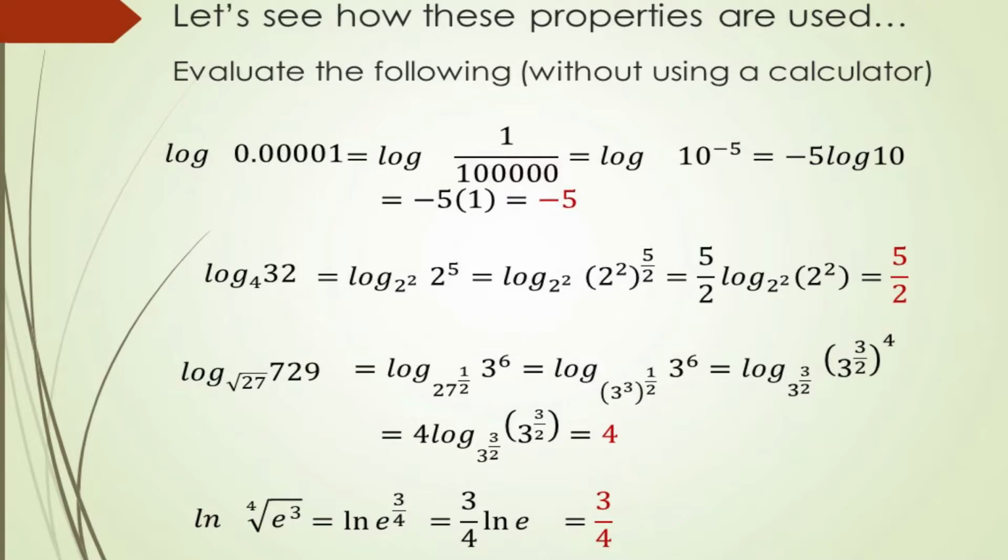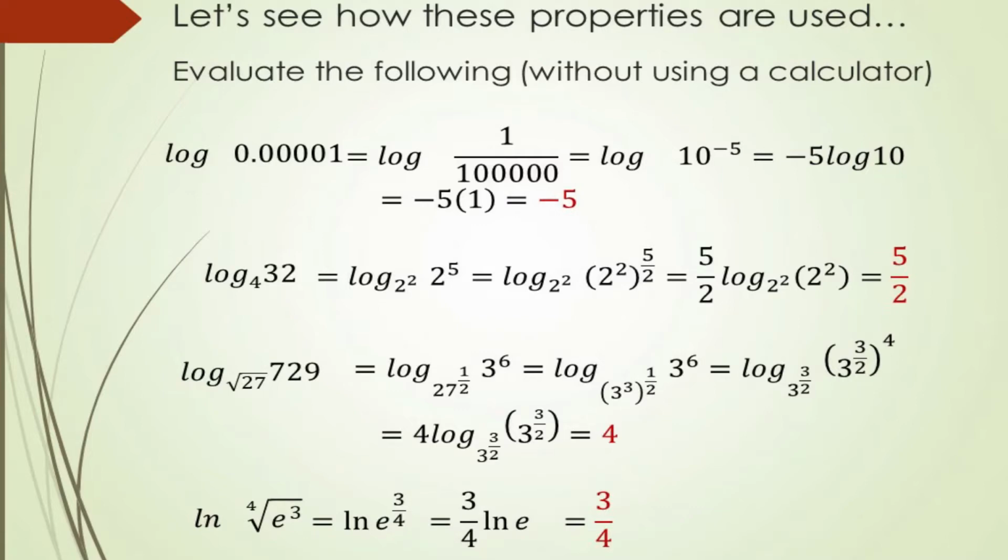So you do have log 3 raised to 3 halves raised to 4 with a base 3 raised to 3 halves. So that will become 4 log 3 raised to 3 halves with a base 3 raised to 3 halves. When they are equivalent, together with the base, that will be equal to 1. So the answer will be 4.